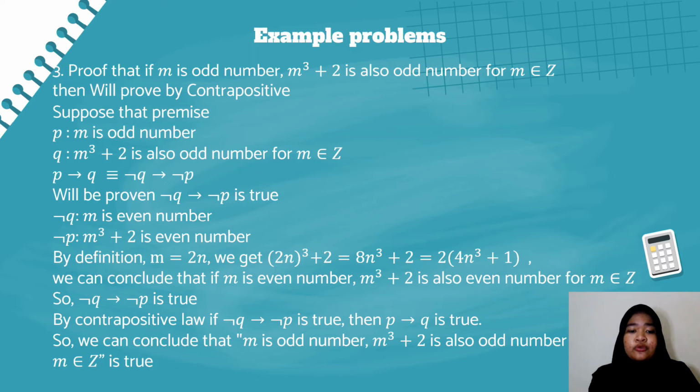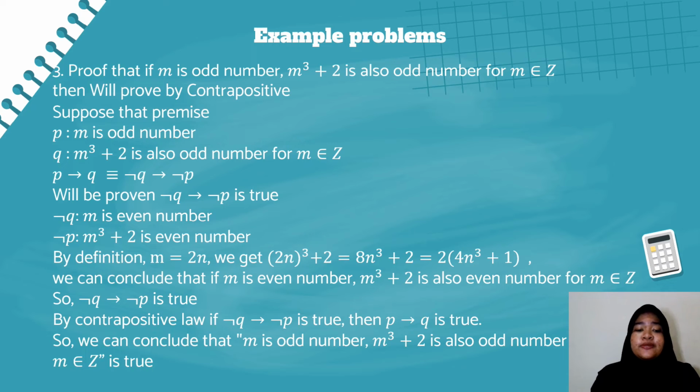We can conclude that if m is an even number, m power 3 plus 2 is also an even number for m an element of integers. So we can conclude that negation of Q implies negation of P is true.